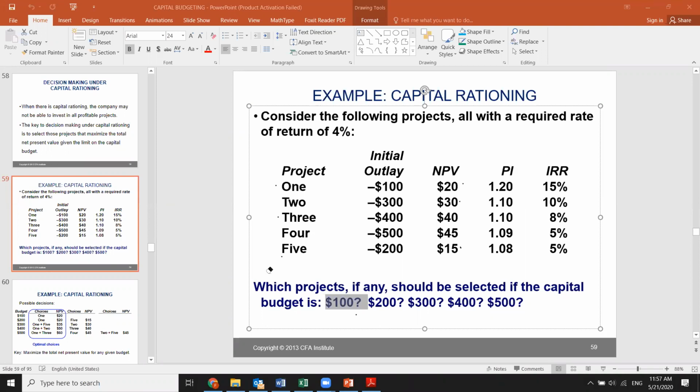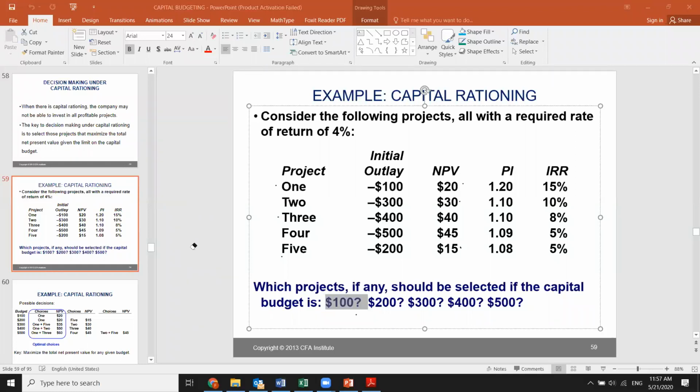If you didn't have any budget constraint, then you would go for 120. If you said you're going to select the 3 projects, you're going to select the ones with the highest PI as well, so in total the highest NPV. So if you have $500, which would you select?